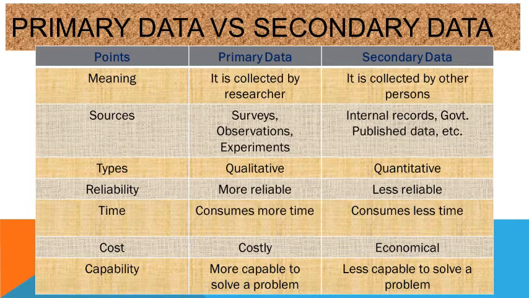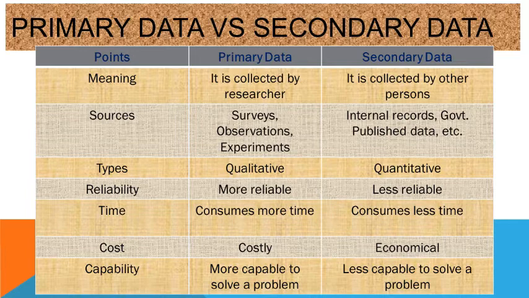Why is the cost of implementation high? Because this is not collected by any individual. These are collected by government authorized agencies, investigators, research-based private institutions, etc. But these are more capable of solving a problem because they are collected for a particular research.